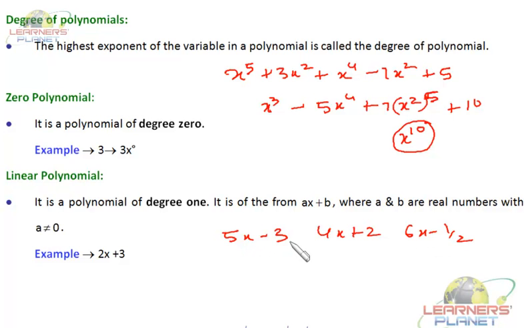All of these are in the form of ax plus b, and these are known as linear polynomials. Why are they known as linear polynomials? Because the variable is carrying the power 1. Here x, x, x, in all these cases x has the power 1.